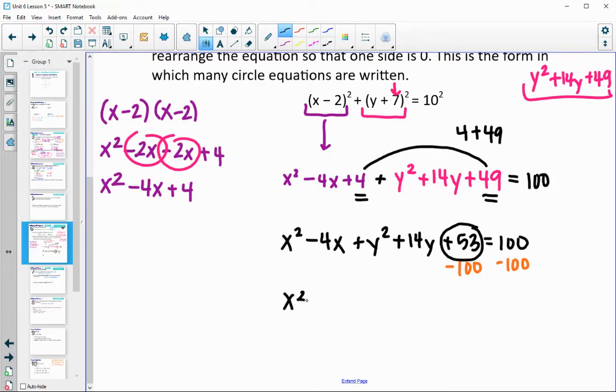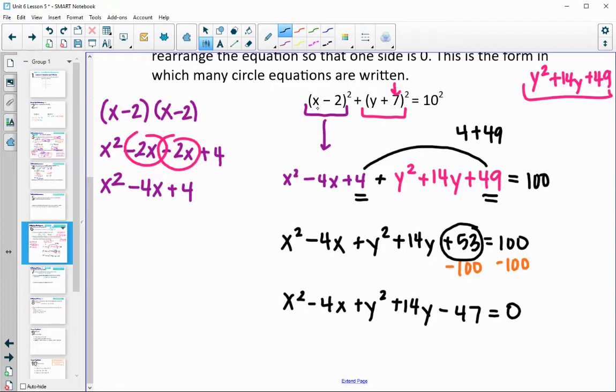So my x squared, my minus 4x, my y squared, and my 14y are unchanged. And 53 minus 100 is negative 47. 100 minus 100 is 0.